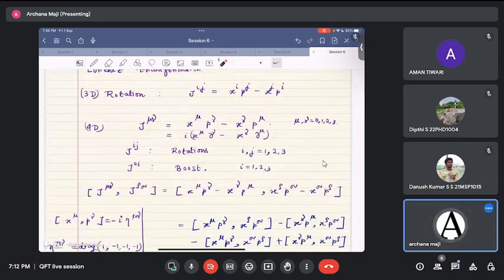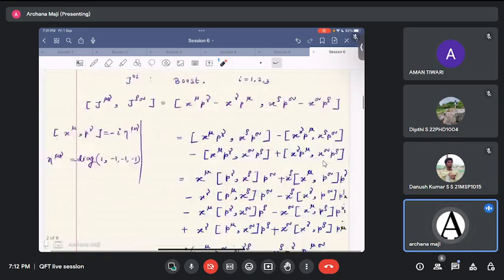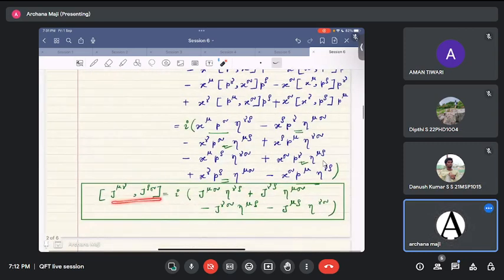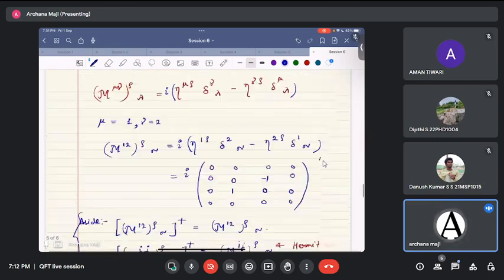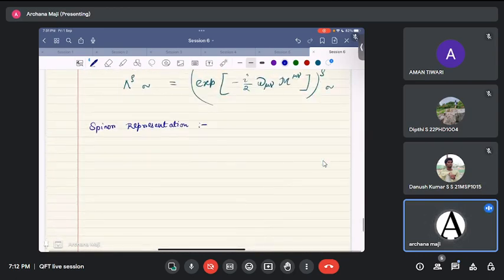These are the rotation generators, these are the boost generators, and they satisfy this commutation relation. And you cannot write a matrix representation for these, so that's why we came up with this. I don't see anything confusing here, but give it a thought, and if you still have questions, let me know later on.